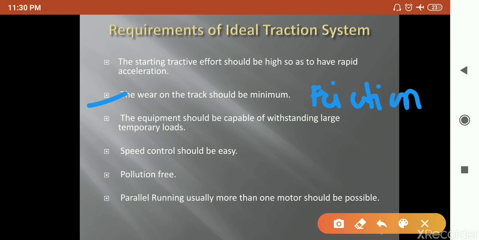The equipment which you are going to provide inside the traction must be capable of withstanding the overloads. Speed control should be easy and it must be pollution free. The parallel running, usually more than one motor, should be possible in case of ideal traction system.